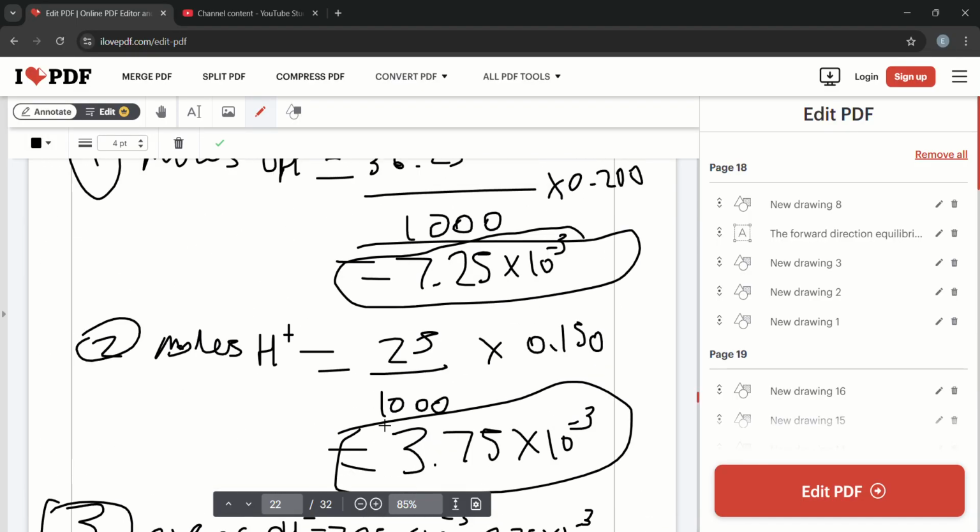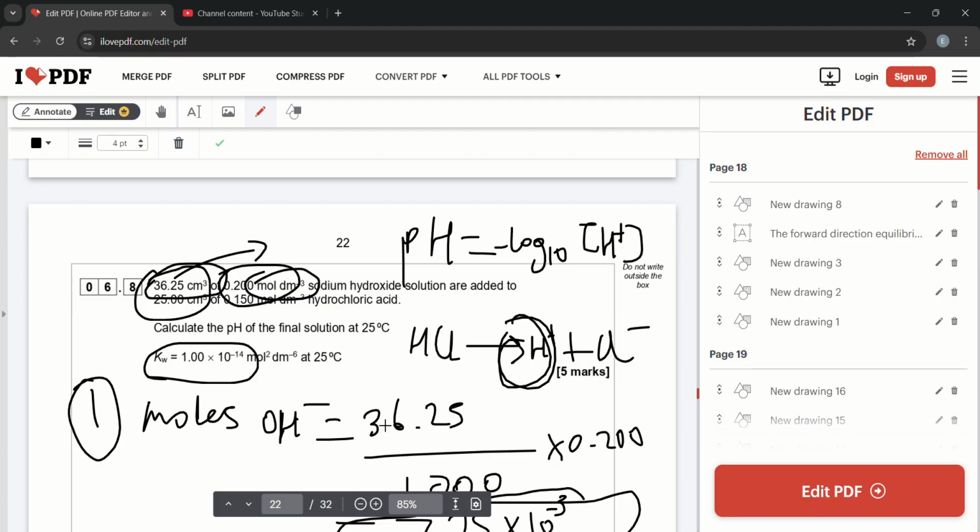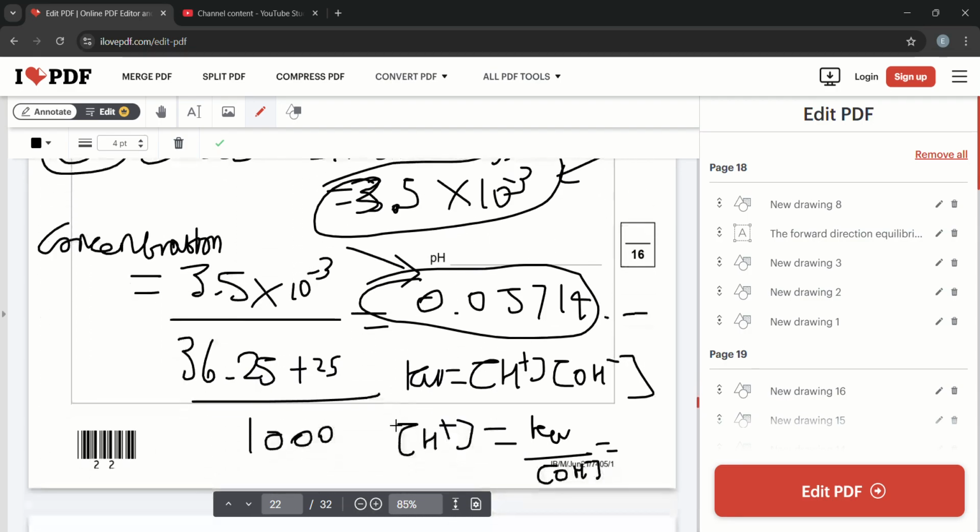I'm just going to put it in the calculator, because I've already gone through it with you. 1.0 times 10 to the power minus 14 divided by the concentration of OH minus, which is 0.05714, which we worked out before. We get H plus equal to 1.75 times 10 to the power minus 13.